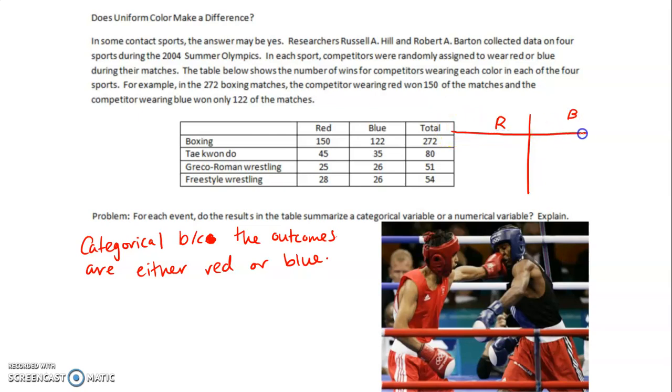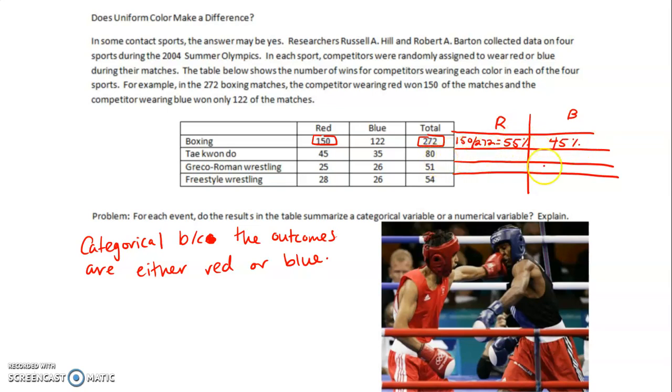I'm going to have bars or sections for each of the fighting styles. And so what I want to do, I see that red won 150 out of 272 boxing matches. So 150 out of 272. If you convert that to a percentage, you should get 55%. So in turn, since there's 100% total, if red won 55, that means blue won 45.